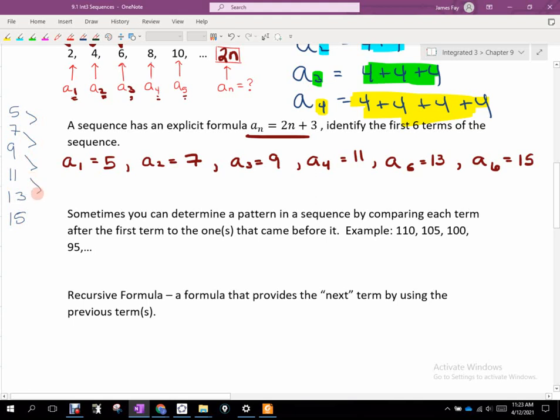What's the difference? It's 2 every single time, right? So when we see that the difference is the same, what we're going to do is say that difference times n. This is kind of what I would do if I was trying to generate this rule from the list.